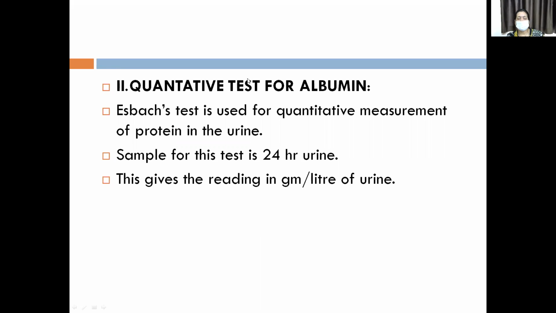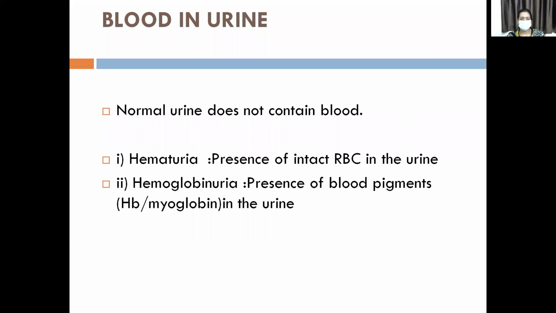Those are qualitative tests. The quantitative test for albumin is done on a 24-hour urine sample and gives the reading in grams per liter of urine. So that is it about the proteins.